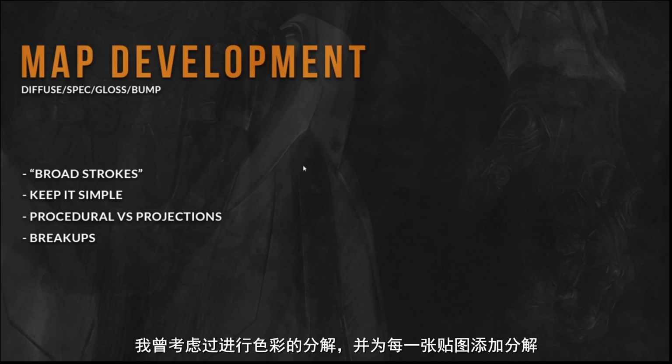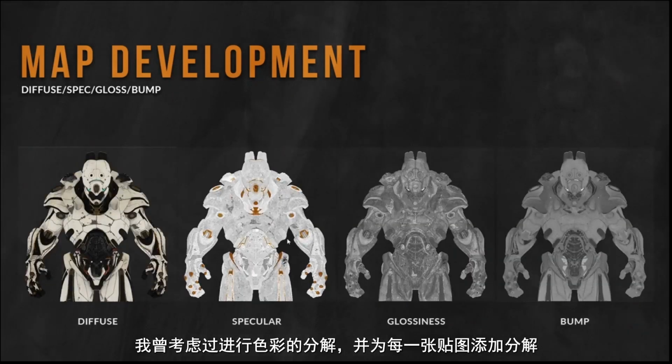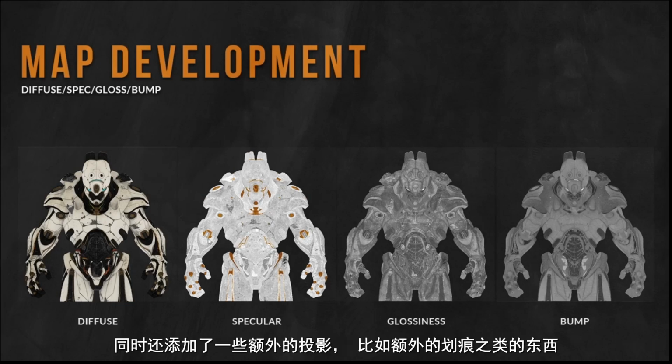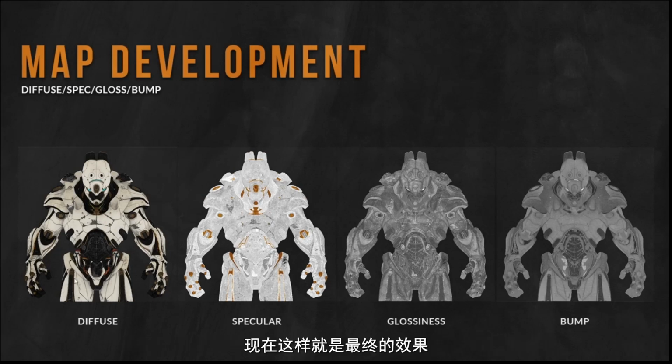I had color breakup and added breakup to every single map so it doesn't look flat, and added some extra projections, some extra scratches and things like that. So this is how they look in the end: diffuse, spec, glossiness, and bump.